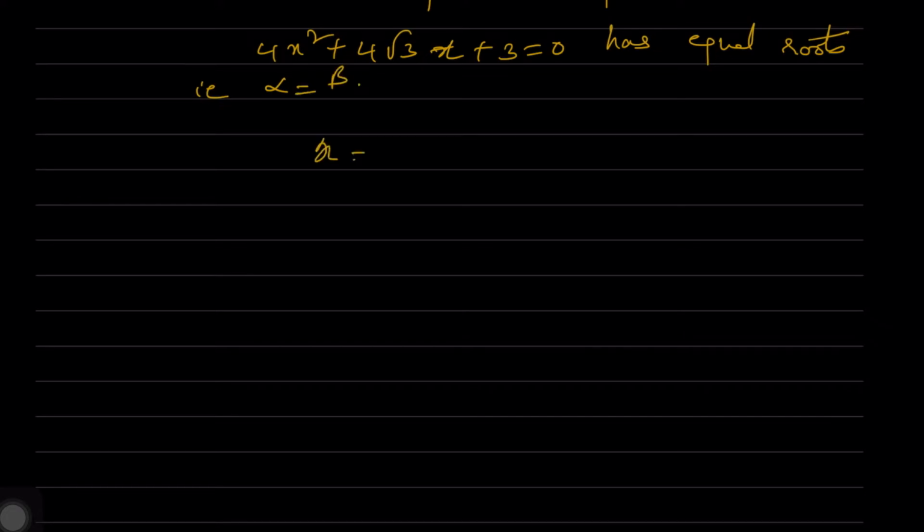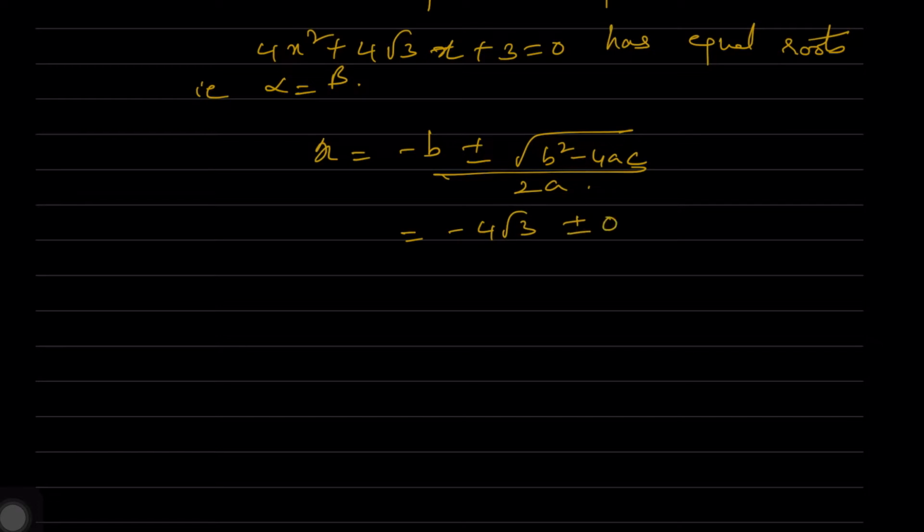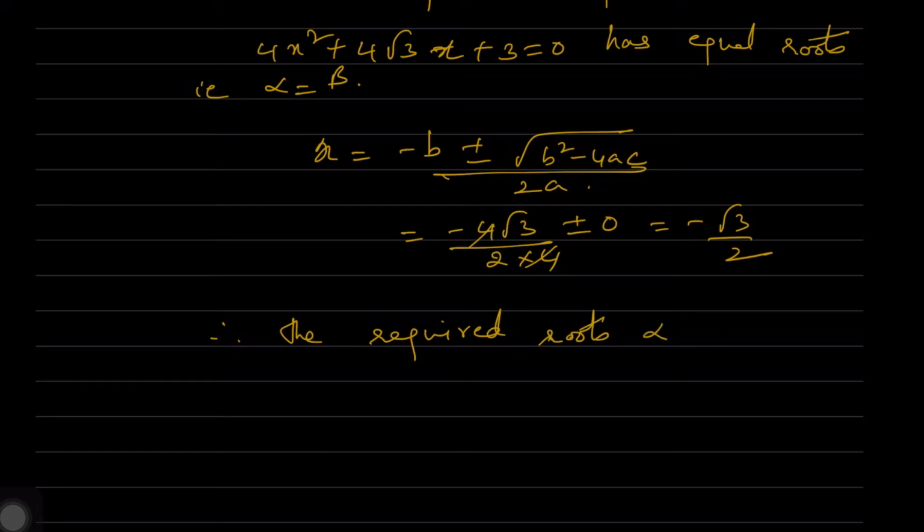So x is equal to minus b plus or minus root of b square minus 4ac by 2a, which is equal to minus 4 root 3 plus or minus 0 by 2 into 4, which is equal to, 4 will get cancelled, so it is minus root 3 by 2. Therefore the required roots alpha equal to beta is equal to minus root 3 by 2.